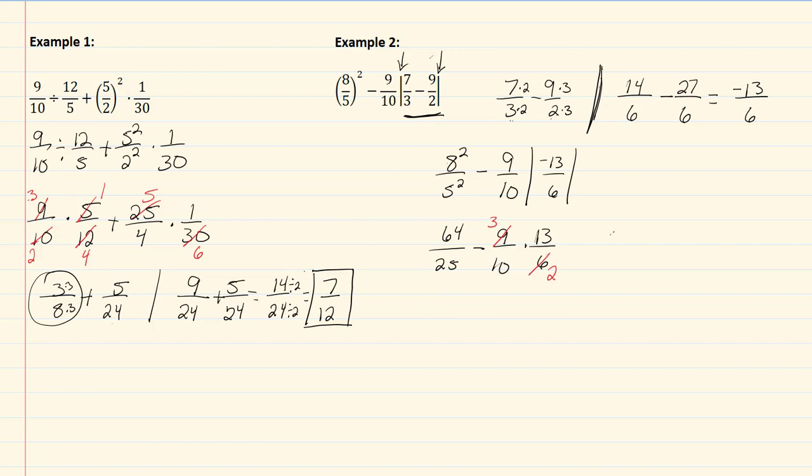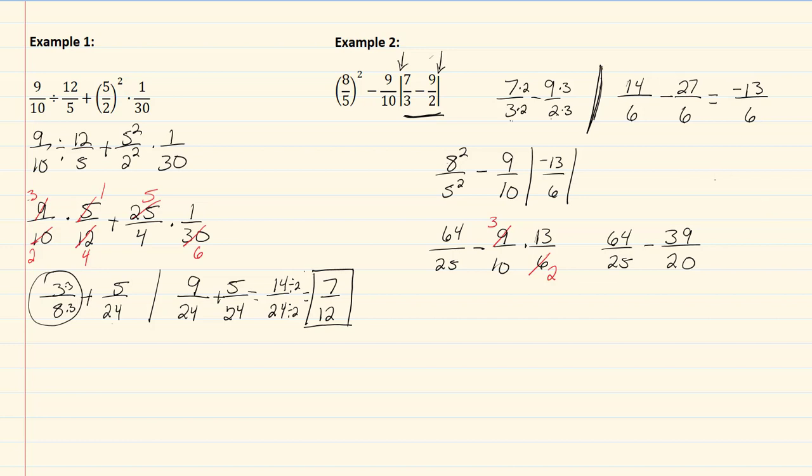So now I have 64/25 minus 3 times 13, which would be 39, over 10 times 2, which would be 20. Now that I have all my multiplication taken care of, I'm ready to find my common denominator so I can subtract.